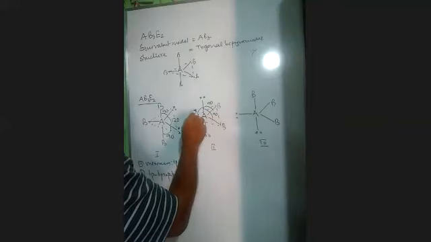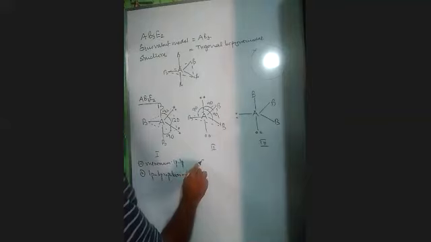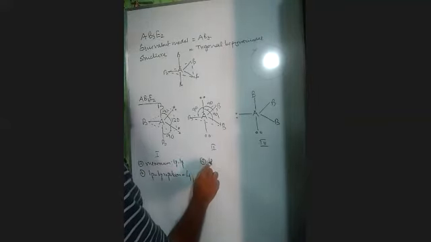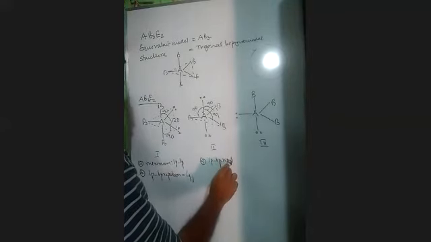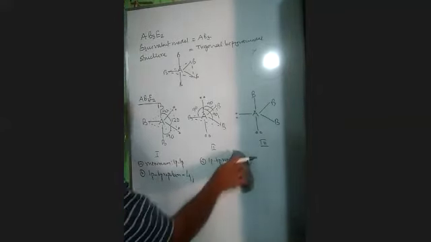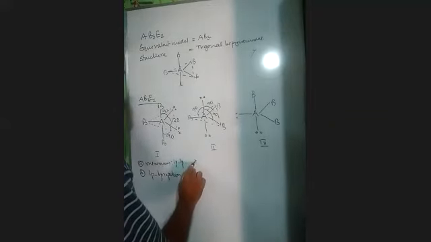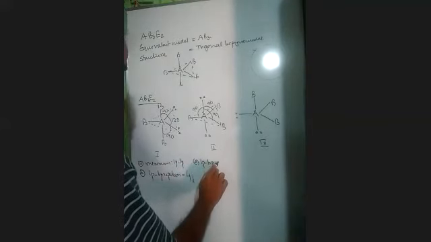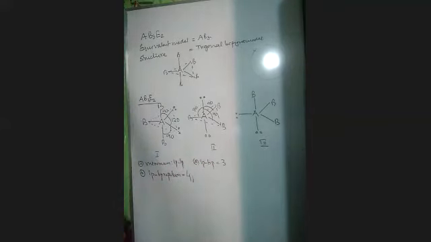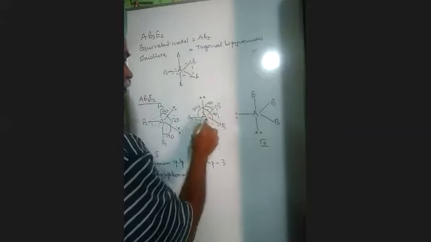Lone pair bond pair repulsion: this is 1, this is 2, this is 3.